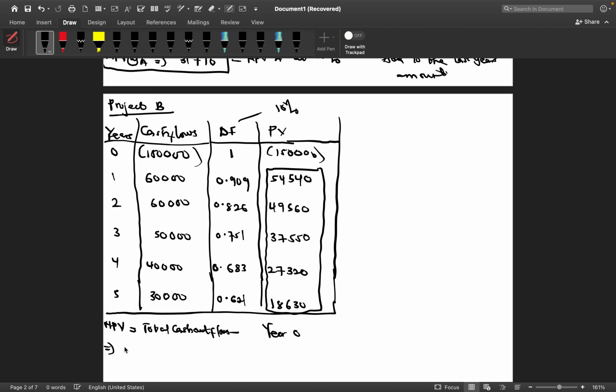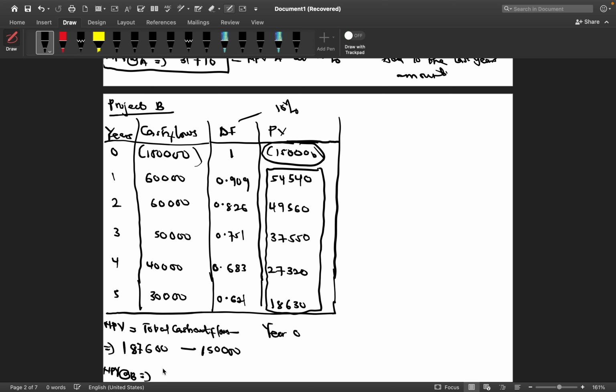If we add everything on the calculator, I'm getting 187,600 minus year 0, which is 150,000.